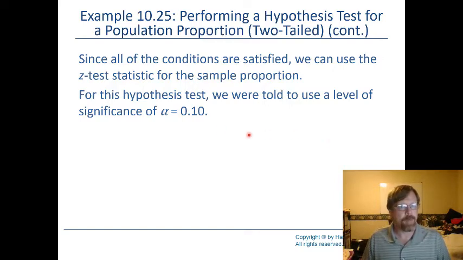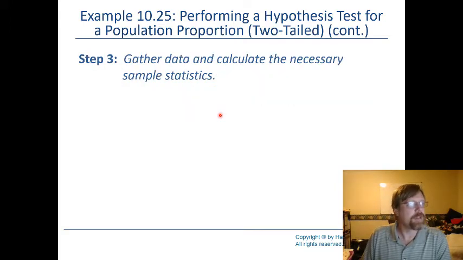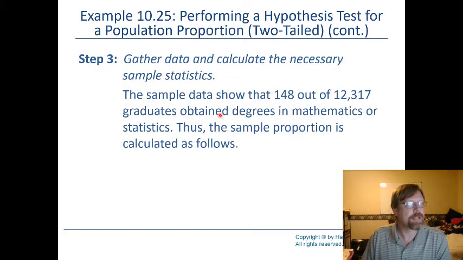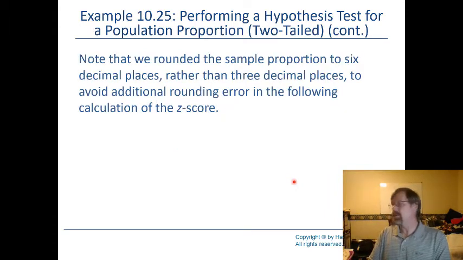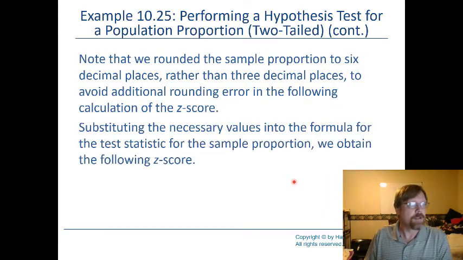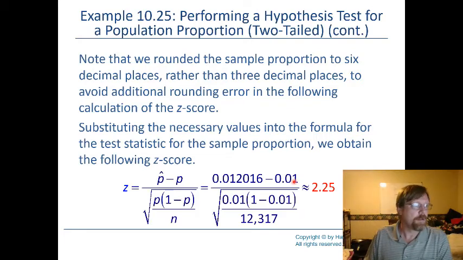We were told the significance level of 0.1, right? So looking at the sample data, we have 148 out of 12,317, which gives us a sample proportion of 0.012016. We can use that to calculate the z-score. There's our formula.